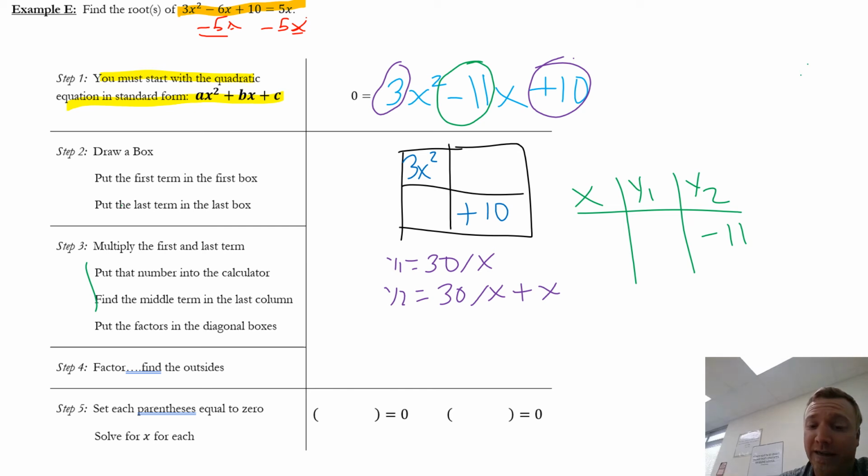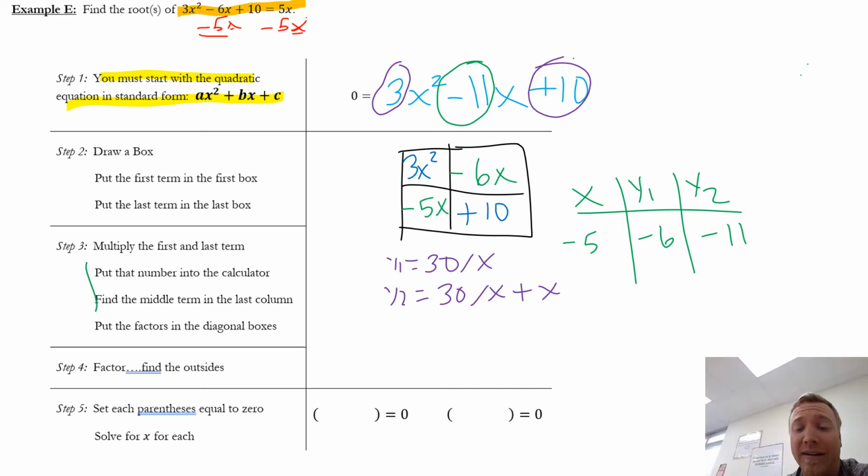So you should find the combination, the two numbers, is -5 and -6. So those are the factors that we put into the diagonal boxes. Those are our x terms. So I'm going to write -6x here and -5x.